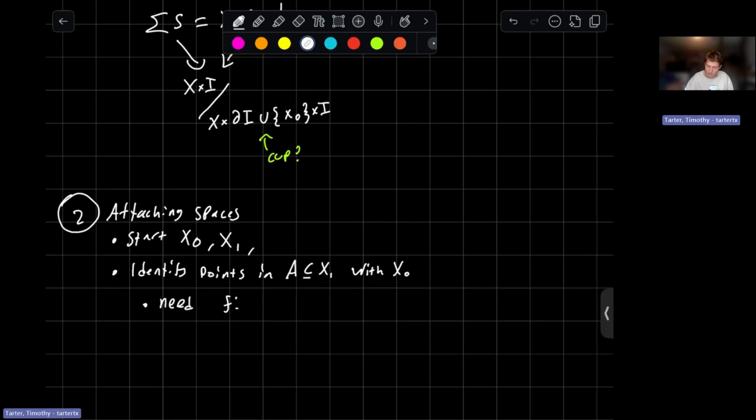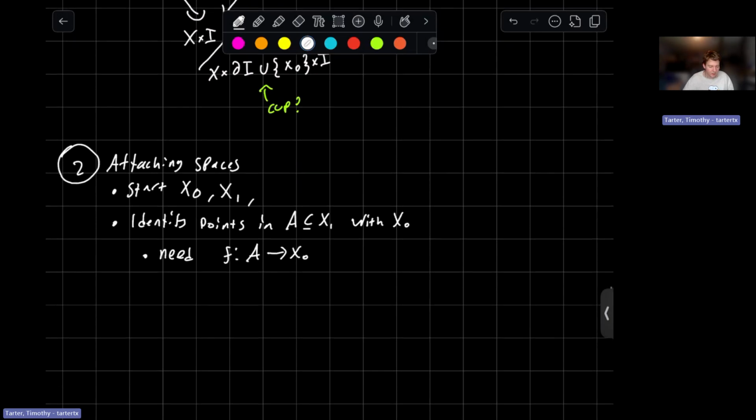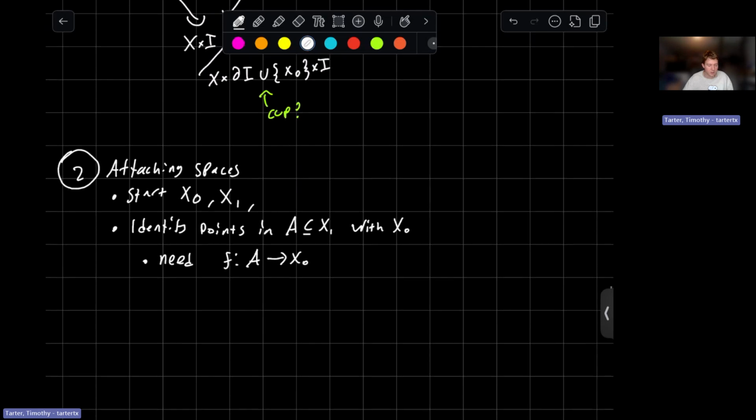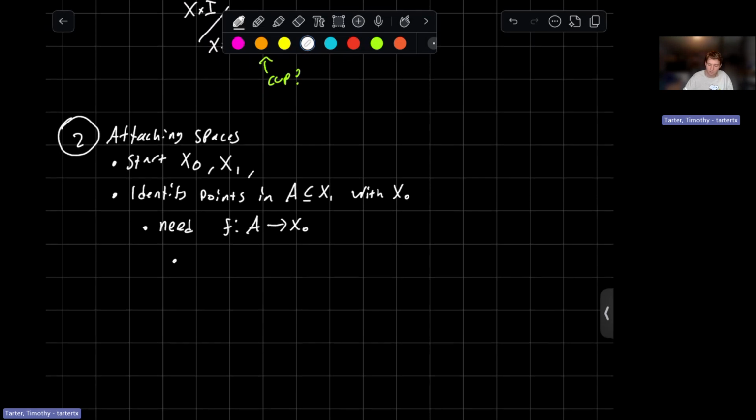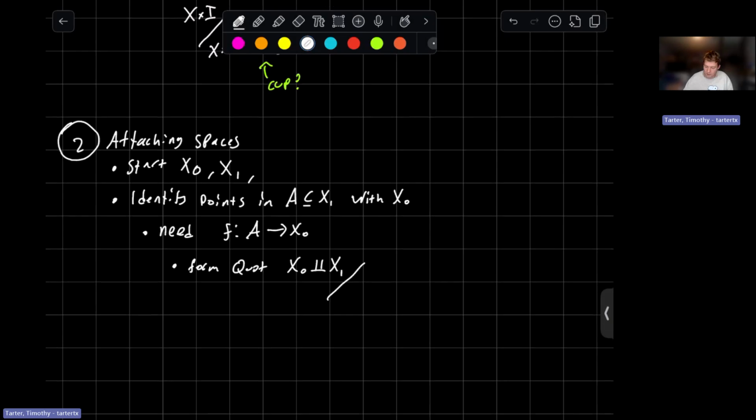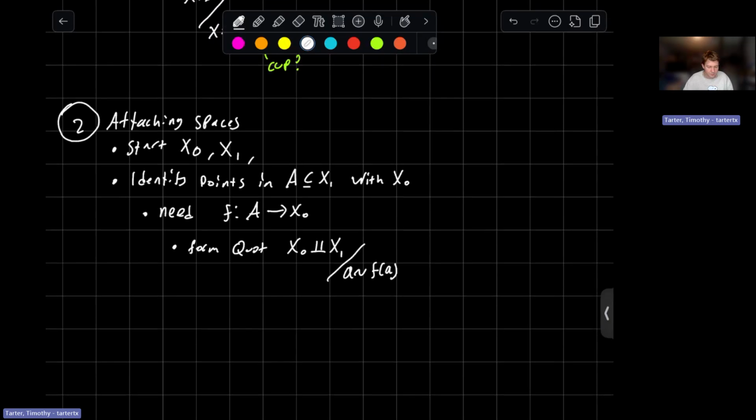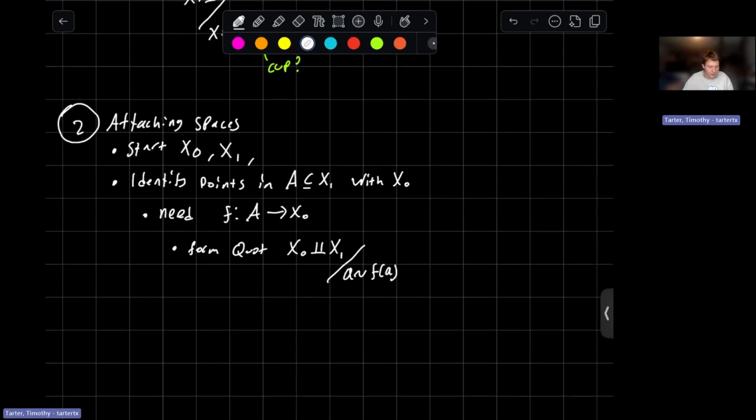So we need f from A into X naught, because then we can form a quotient space of X naught coproduct X1 mod a similar to f of a for every a in A.